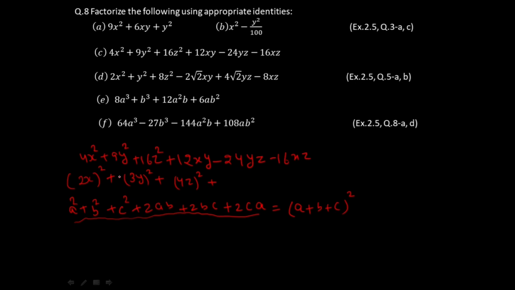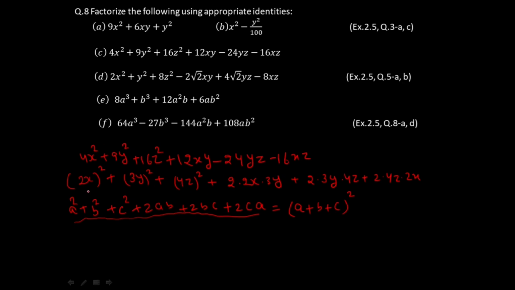Now because y and z are coming negative, if I assume this is positive, okay, a square plus b square plus c square plus 2ab plus 2bc plus 2ca, is this whole thing equal to this whole thing?